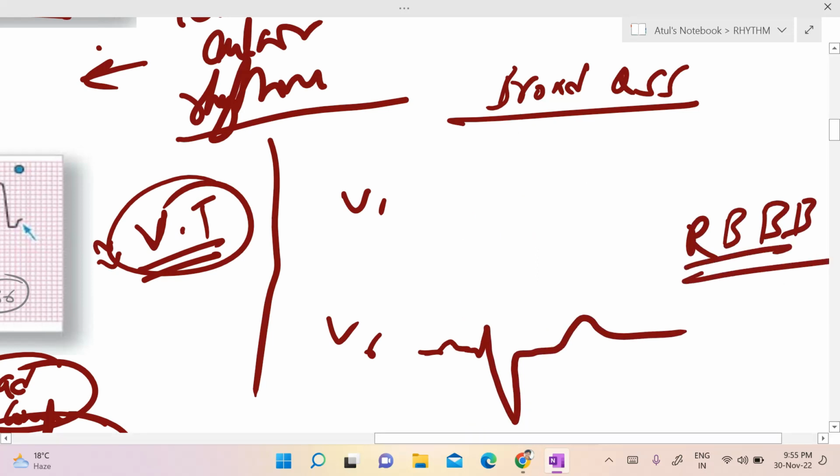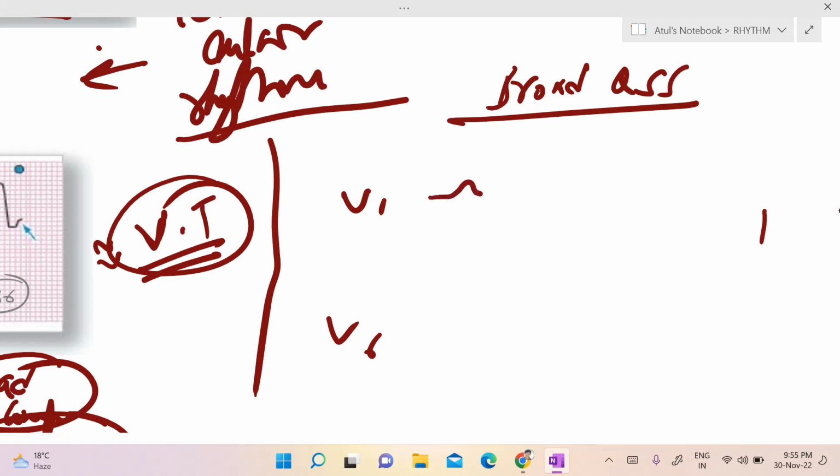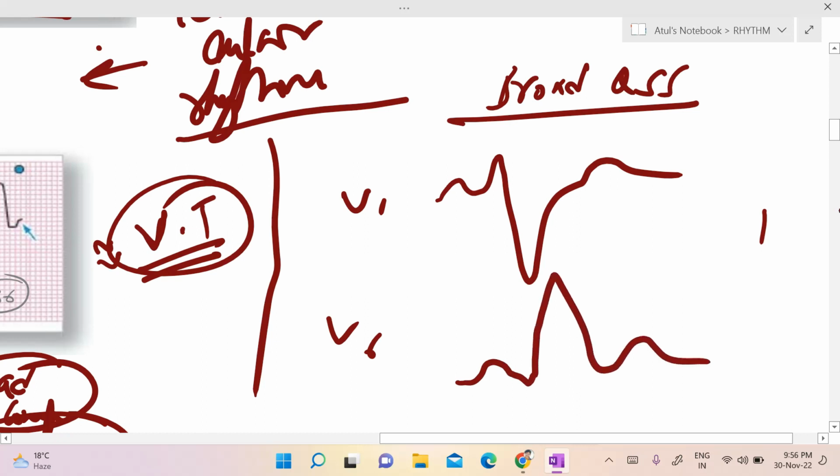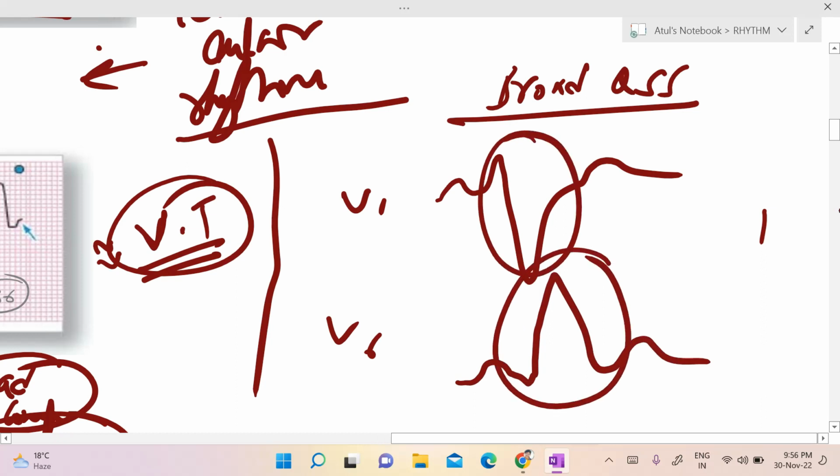And if V1 shows this pattern, broad QRS complex, negative in V1 and positive in V6, this is left bundle branch morphology.